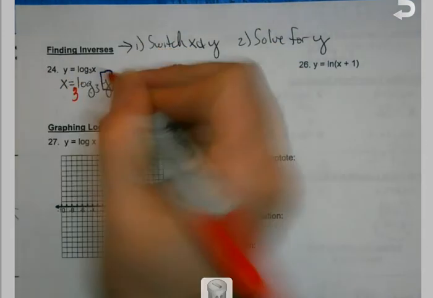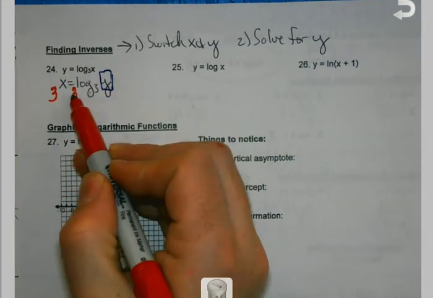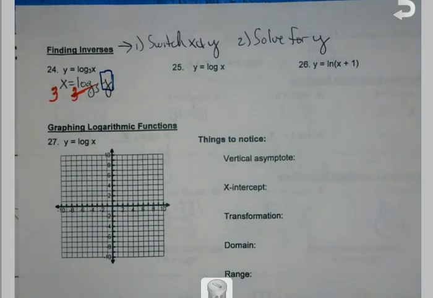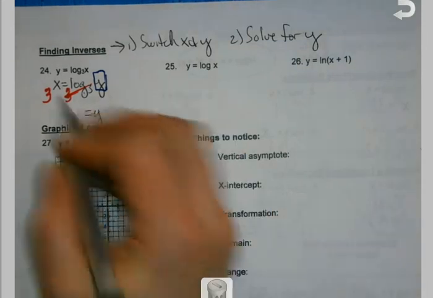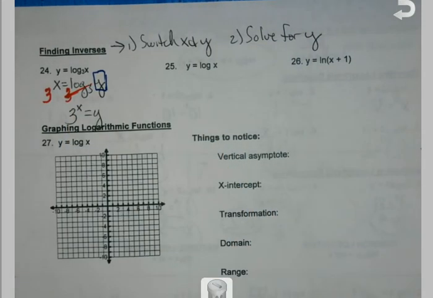Whatever that base is, I'm going to turn both sides into these exponents. Well, here's how that helps me. The 3 and the log of base 3 are inverses. They cancel each other out. What's all I got left over here now? Y. What do I have left over here? 3 to the x. Not 3x.